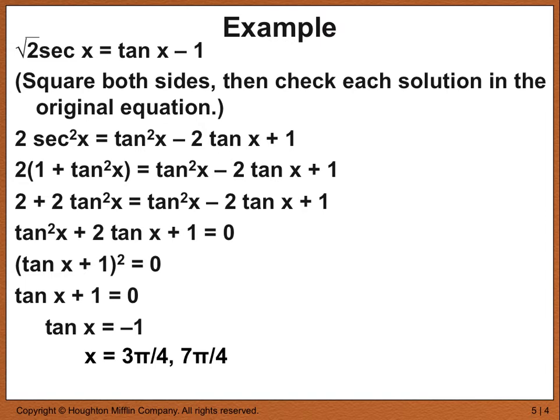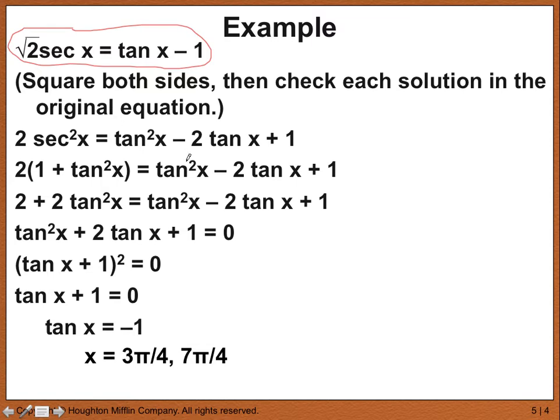Now, before we find the general solution, we have to test. So let's put 3 pi over 4 into our original equation. I'm going to circle that original equation here at the top, and I'm going to put 3 pi over 4 in for x. We'll test that. What is the secant of 3 pi over 4?